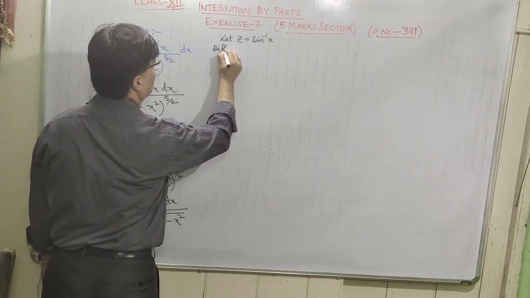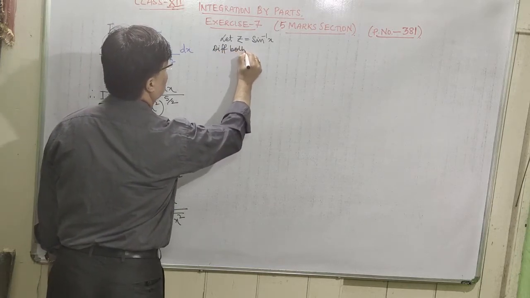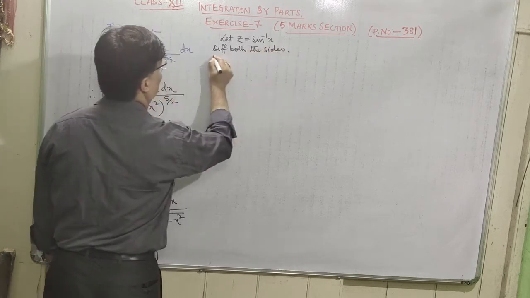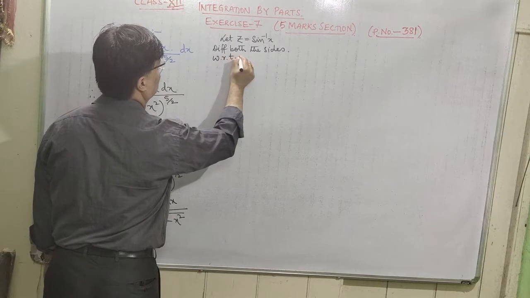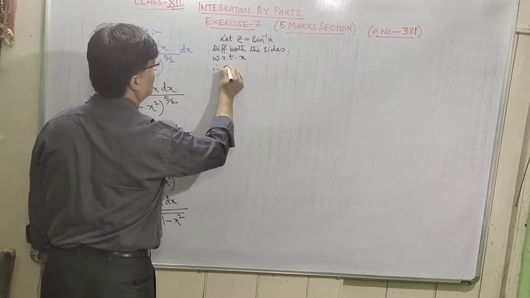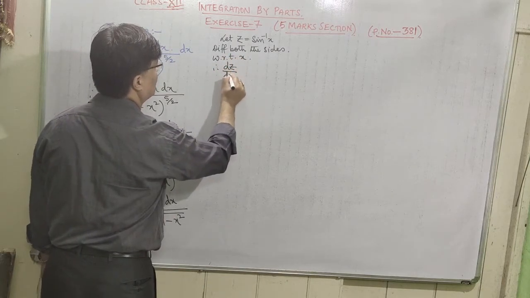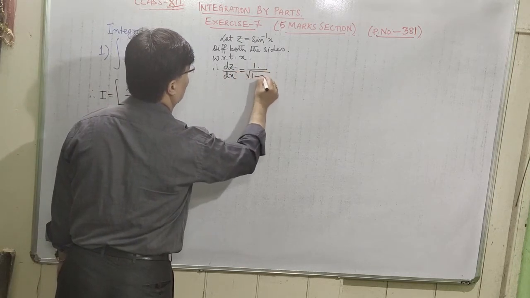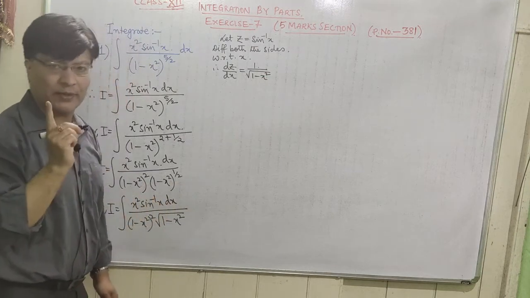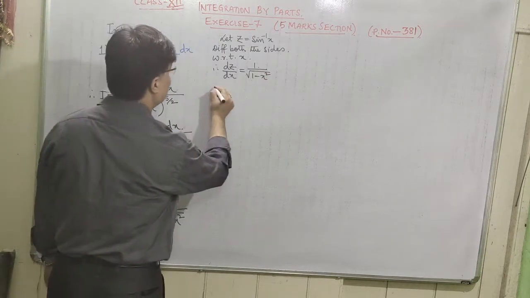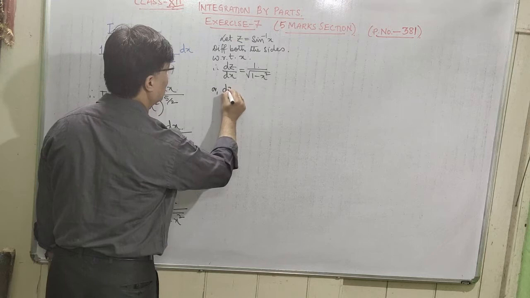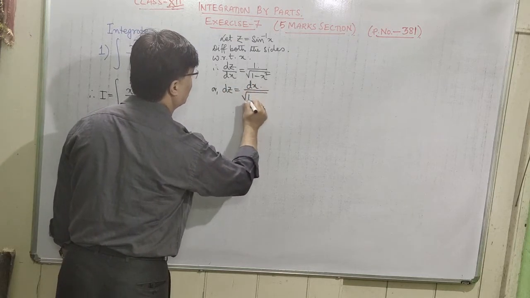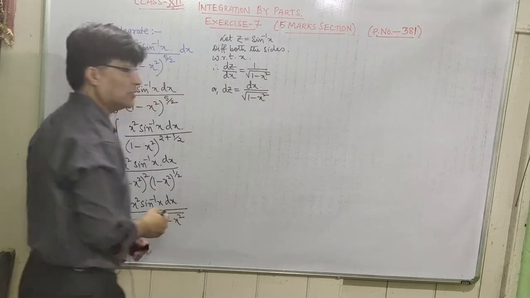So dz by dx is equal to 1 upon root over 1 minus x square. Is that clear? Next, let us get the value for only dz. dz is equal to dx upon root over 1 minus x square.